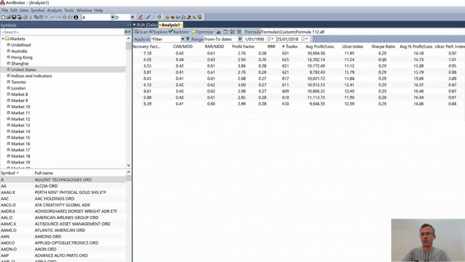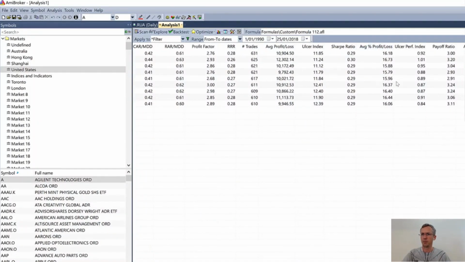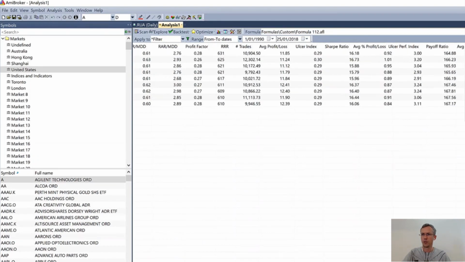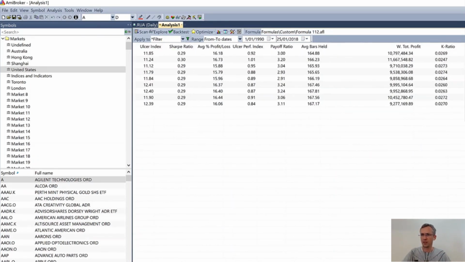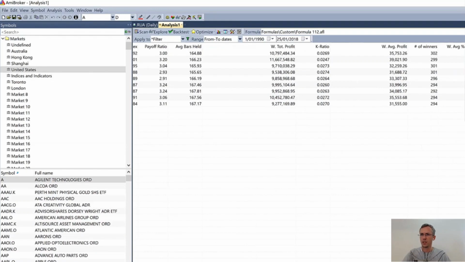I also look at the average percent profit loss, average bars held, percent winners, average win, average loss, all of the same things I highlight on the performance report, I'll look at in the optimization report, and I'll choose the row that represents the best trade-off.